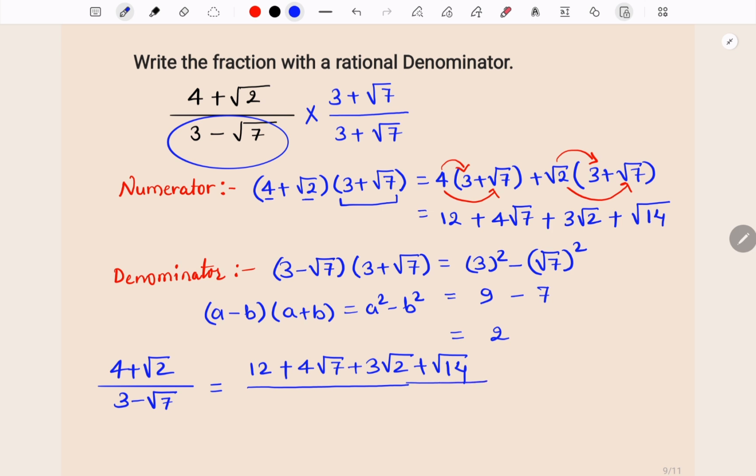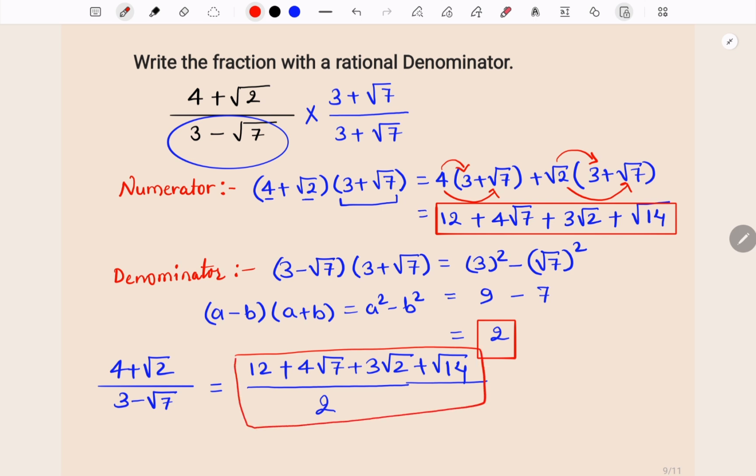Since these are not like terms, I cannot add them together. So this is the new numerator and 2 is the new denominator, and this would be the final answer.